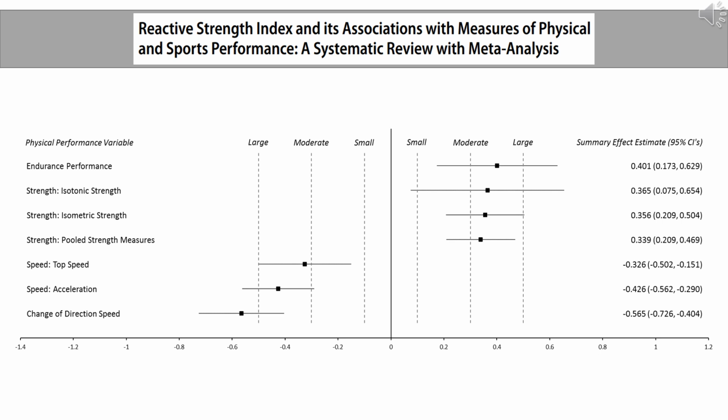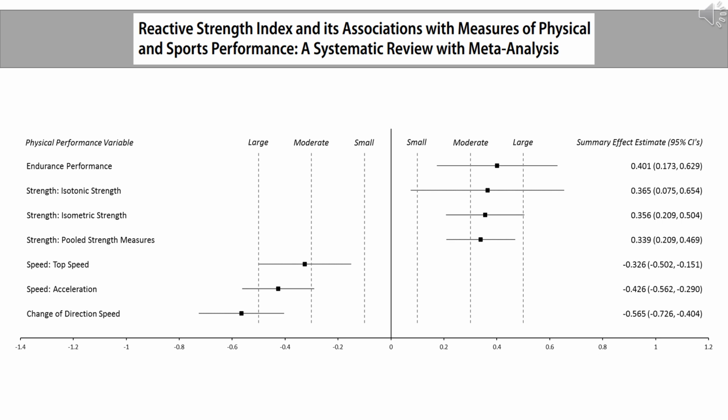And then to finish off this jump section, I thought I'd include this summary forest plot from this meta-analysis that we conducted looking at the association between RSI and independent measures of physical and sporting performance.